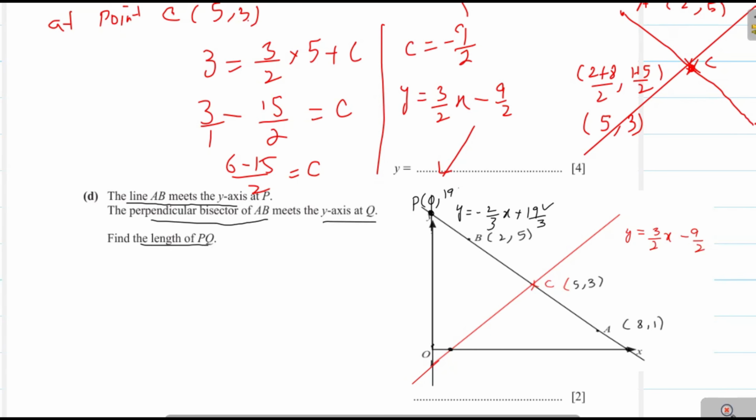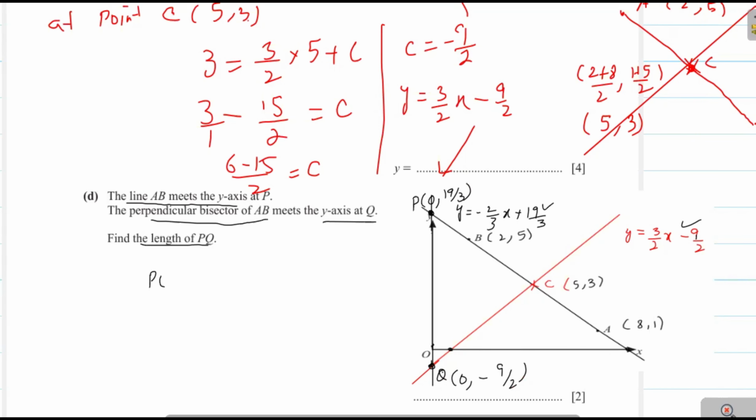Therefore, we write 19/3. Similarly, the perpendicular bisector meets the y-axis at point Q, where the x coordinate will be 0, and the y coordinate is the y-intercept. Therefore, this is (0, -9/2).